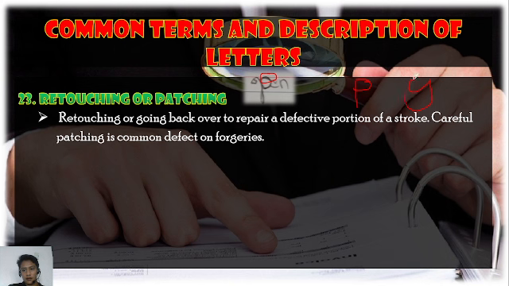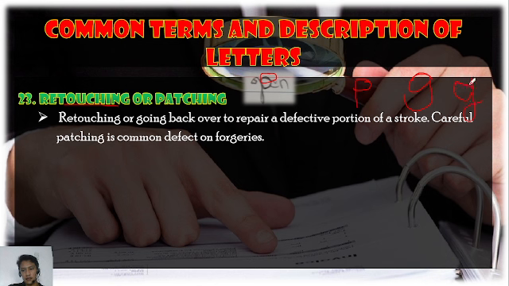Right? Or nagkaroon ng, ang letter G niya, letter G ang isusulat niya, pero hindi nabuo. So, ang ginawa niya is binalikan niya and then inayos niya. Right? So, that would be a form of retouching or patching. Okay? Or going back. Okay, or hindi maayos yung pagkakasulat ng letter G or somewhat the letter G niya.